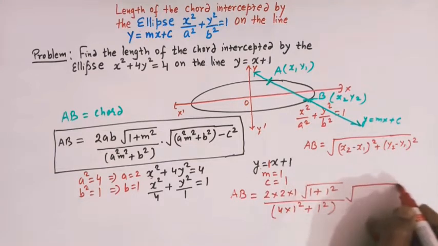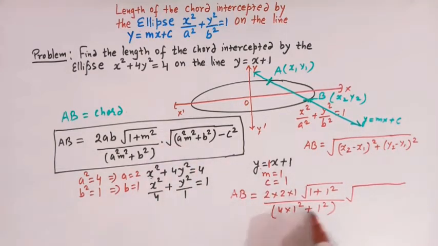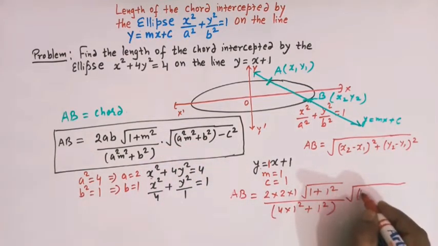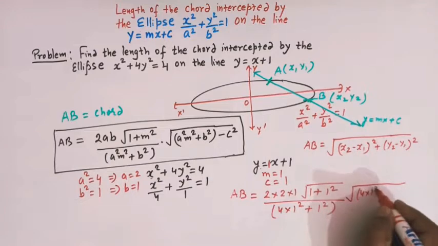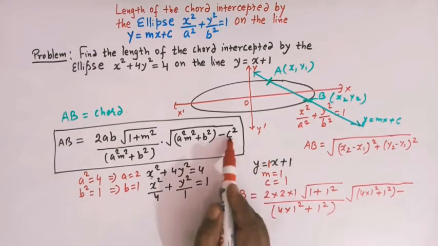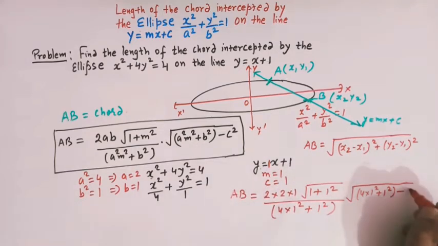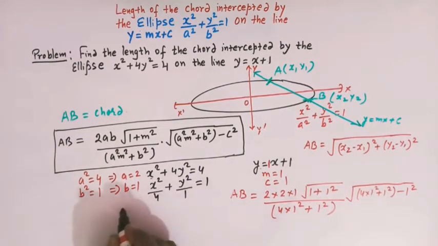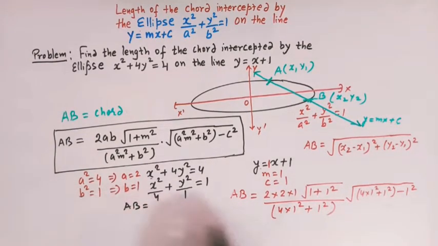And here we have again the term a square m square plus b square, so we have 4 times 1 square plus 1 square, and then minus c square, which is 1 square. Now it is quite easy to simplify this expression. AB is now equal to 4, and then 1 plus 1 is 2, so we have the square root of 2.